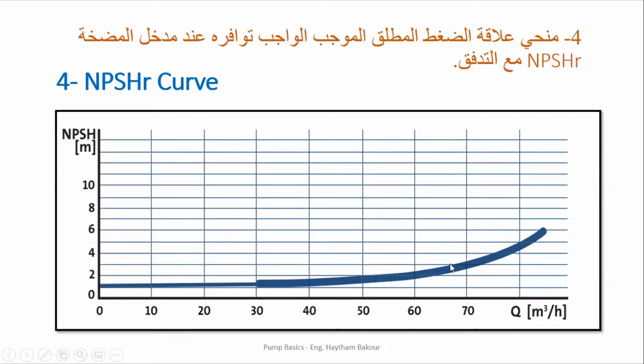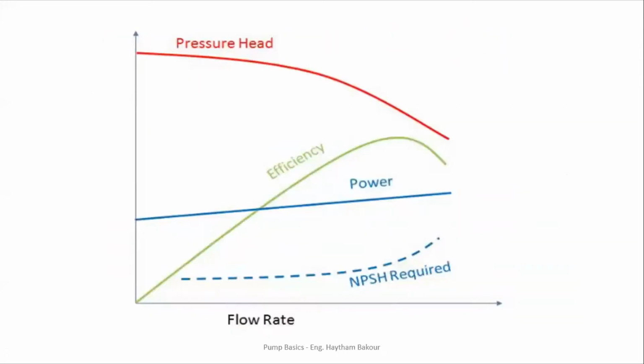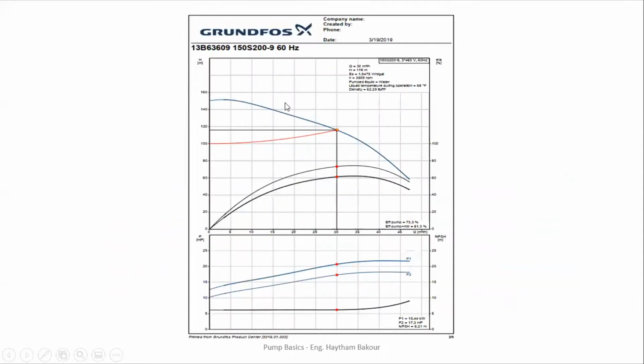At 70 cubic meters per hour, we need 3 meters of water column, or if not, we would have cavitation at the pump, and maybe the impeller would be eating itself within a few months. We are going to explain that in detail in the next workshop or presentation. These are, in general, the performance curves for the pump.